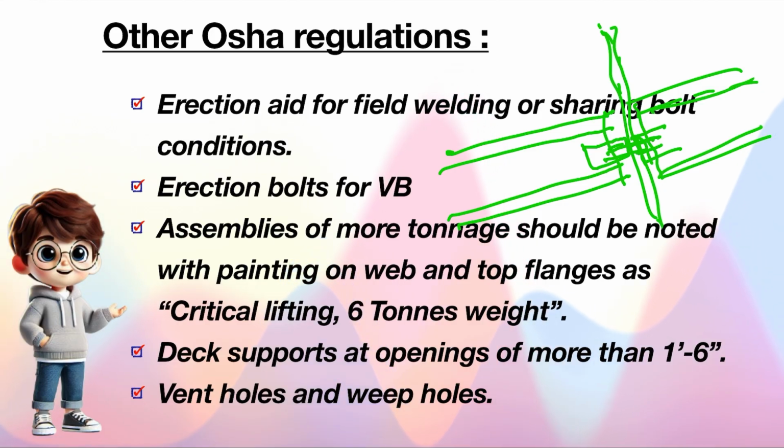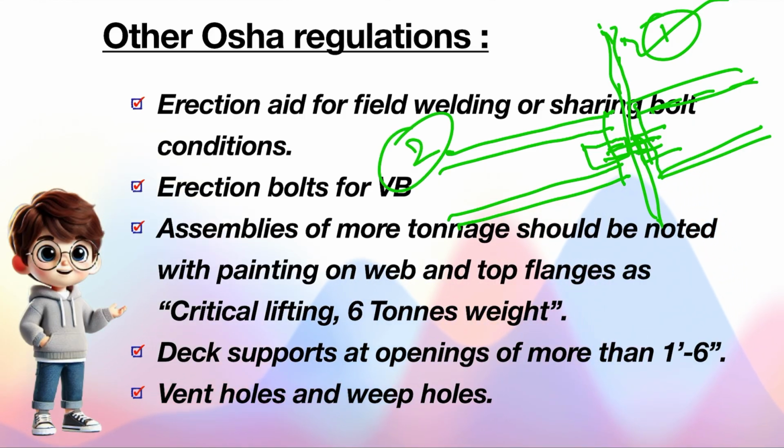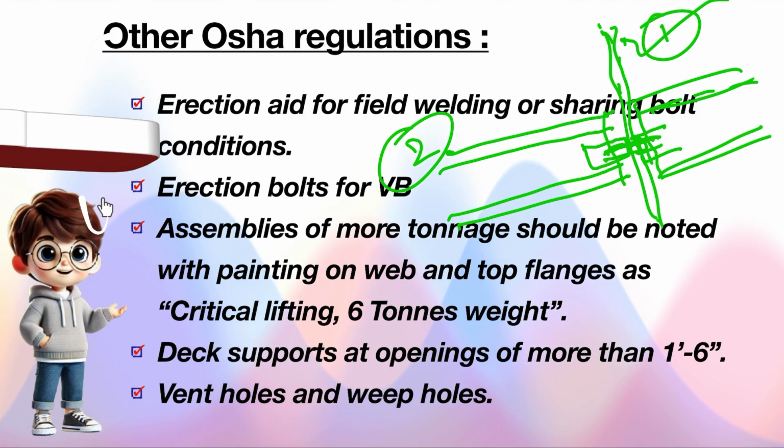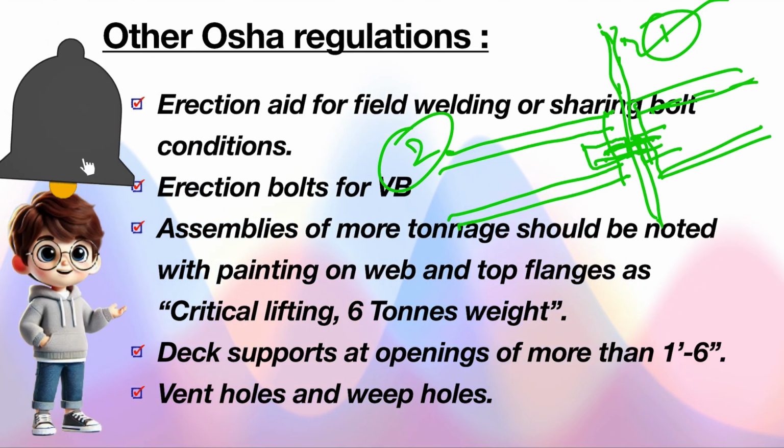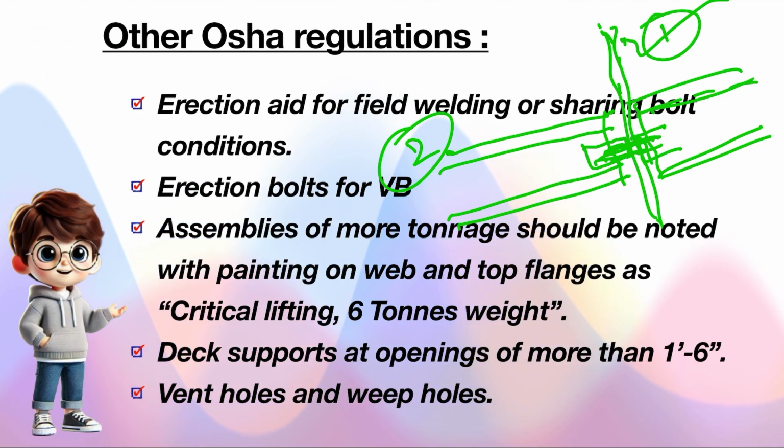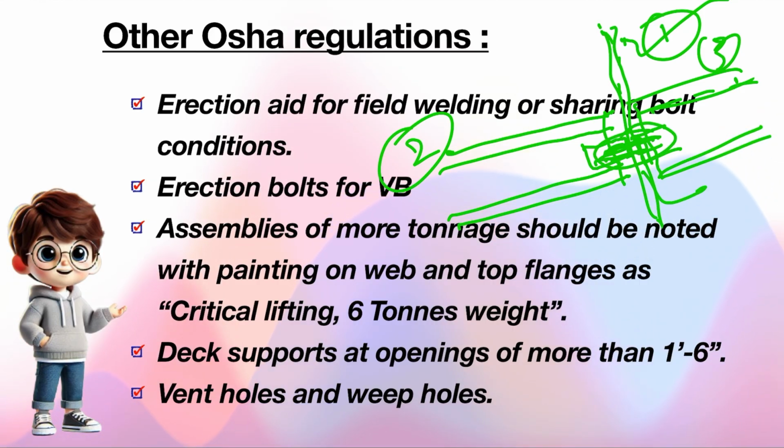First the column will be erected and then this beam will be erected. While erecting this beam, if you install these bolts completely, again he needs to remove these bolts, and after erecting this beam also he needs to reinstall them again, right? So these bolts we call shearing bolts.